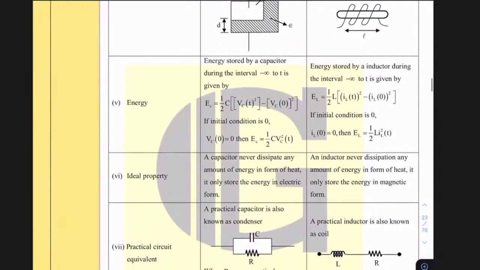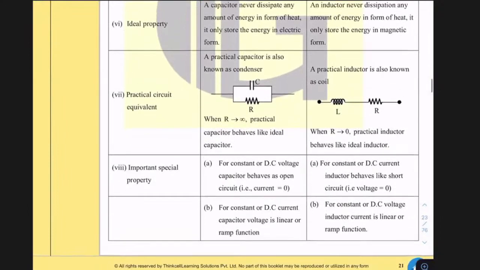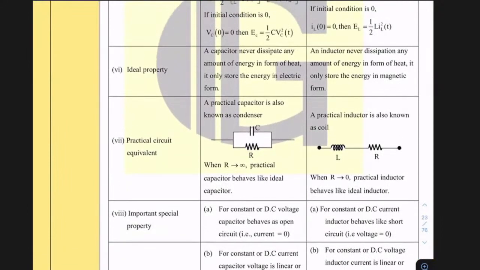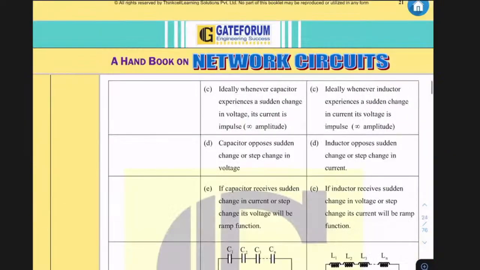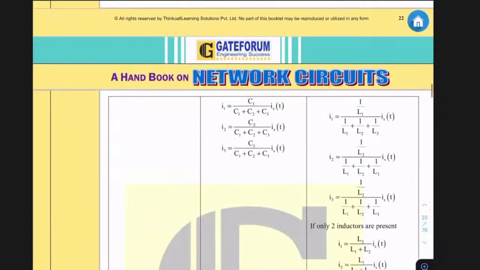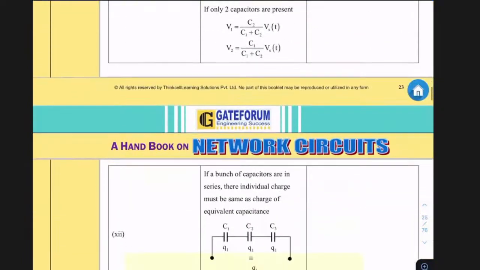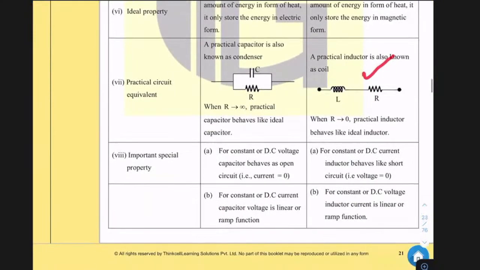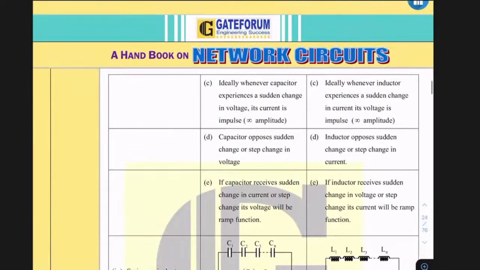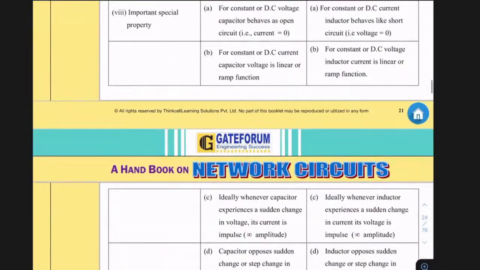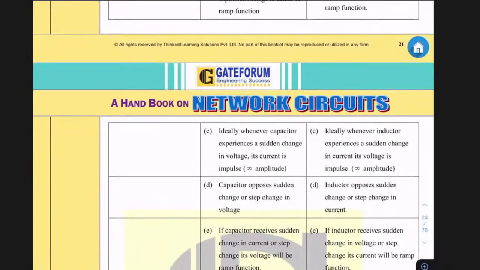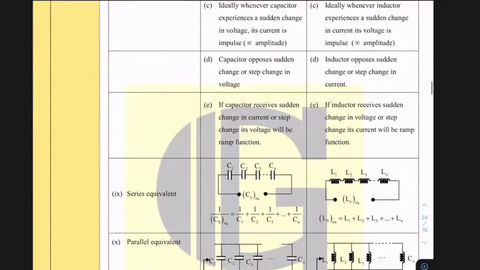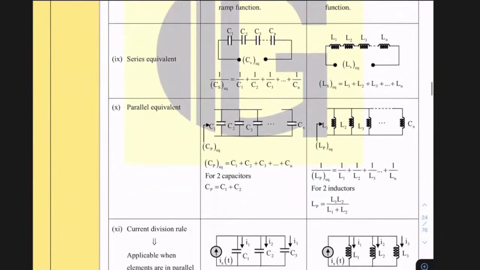Apart from it, a practical capacitor is R in parallel with C, and a practical inductor is R in series with L. The rest of the things are common, but still let me touch on them. You can go through these notes in the handbook in case you are not good in theory. Otherwise, if you are done with theory, let me come to the point directly.